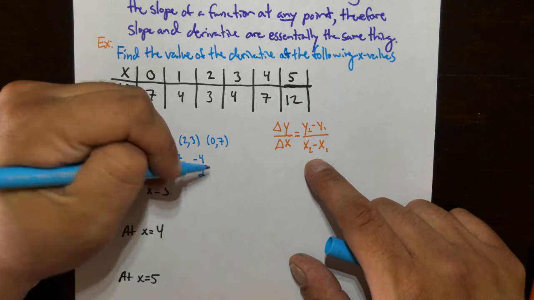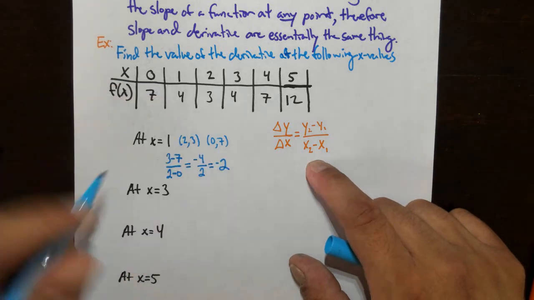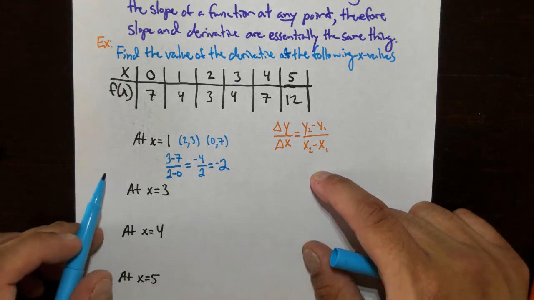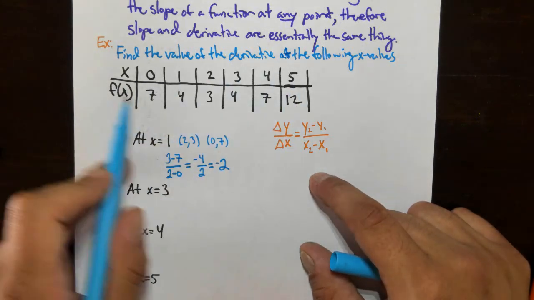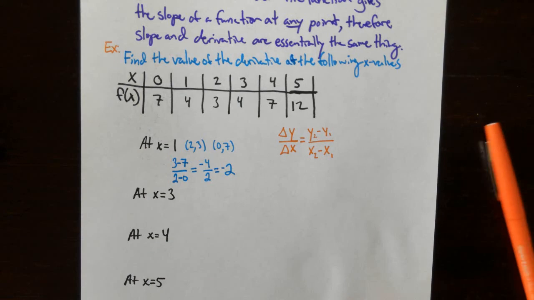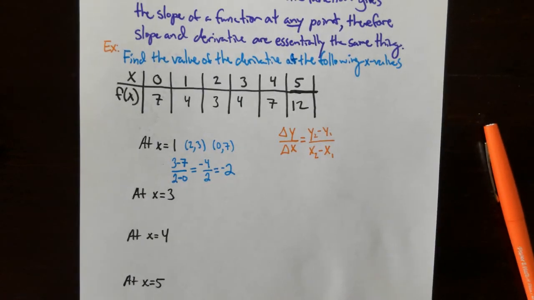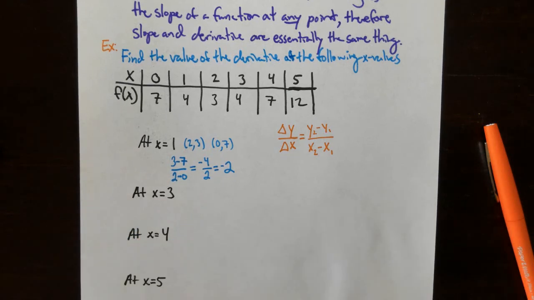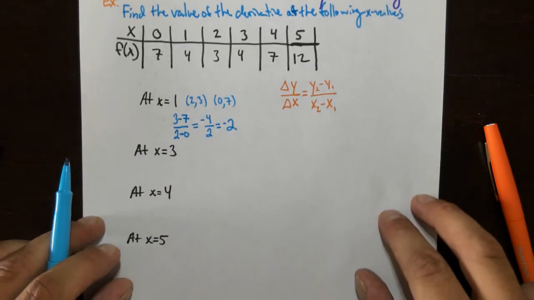Negative 4 over 2 is negative 2. So if I had the equation of f of x, and I took the derivative and plugged in 1, I should get somewhere near negative 2. Okay? Let's take a look at the next one.